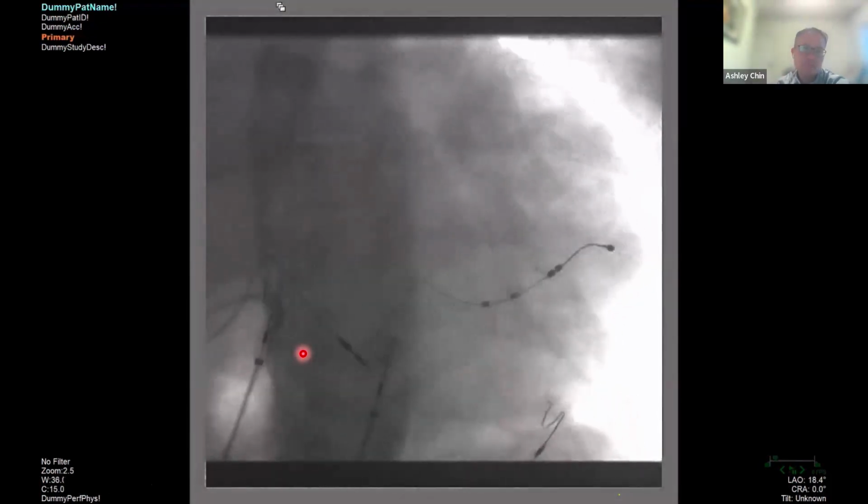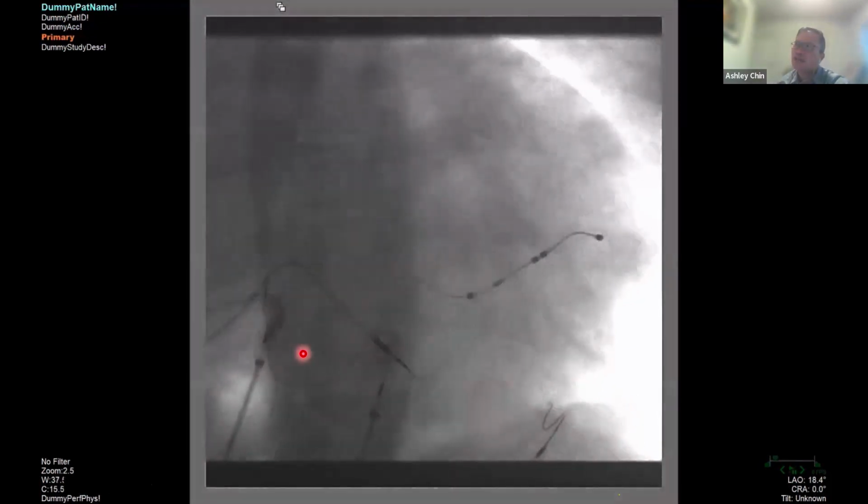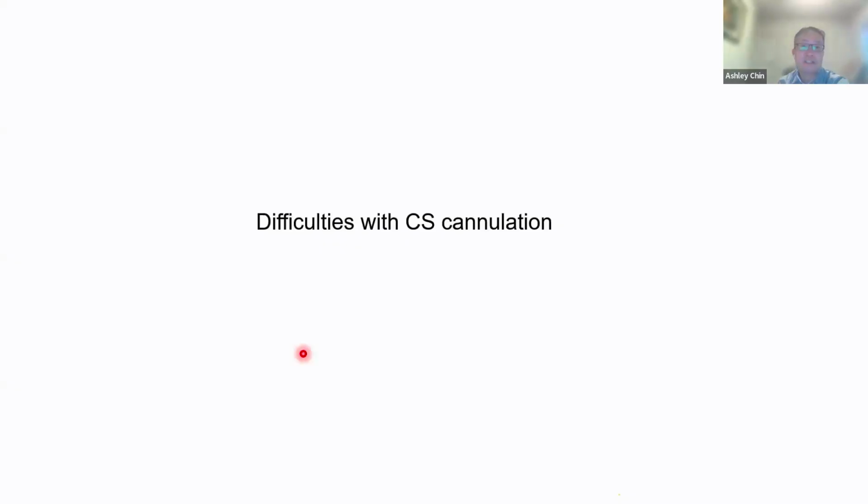I don't think it's just anecdotal, because several times when we've gone to put in a left bundle branch area pacing lead, we would inject dye and find ourselves in the coronary sinus. I think it's the design of the tip that faces the catheter medially that helps you get into the coronary sinus.